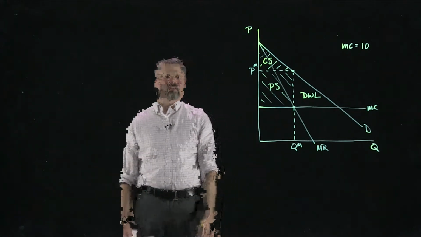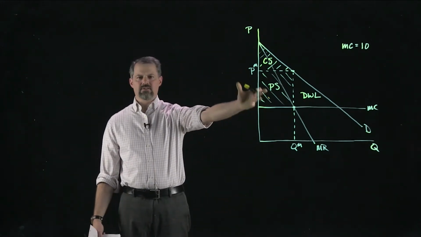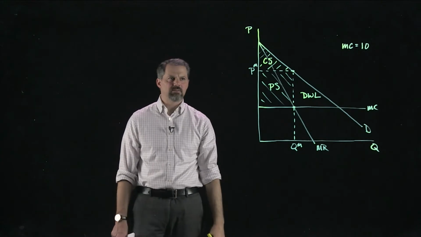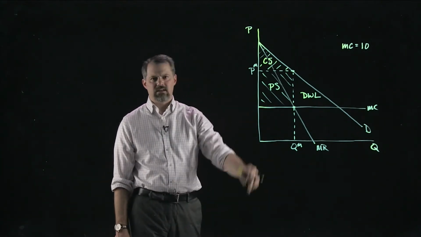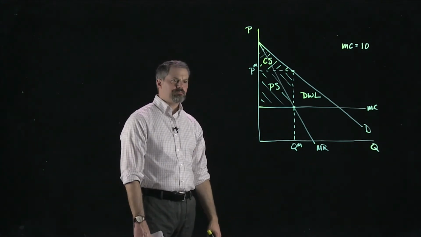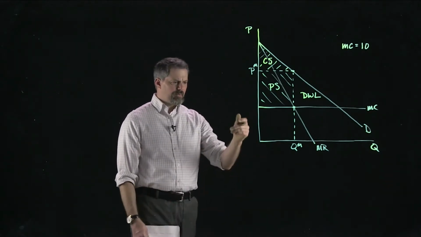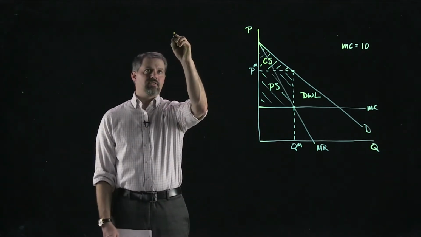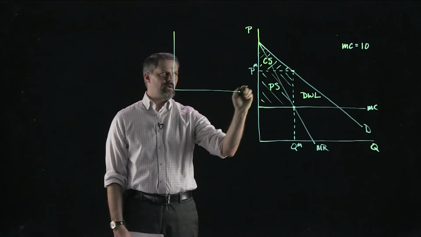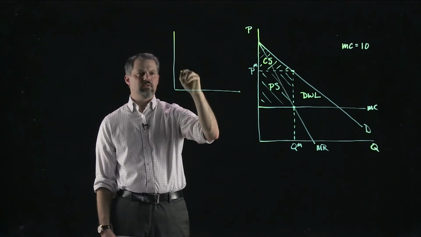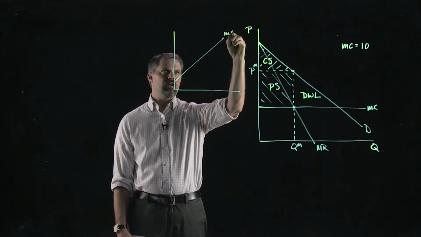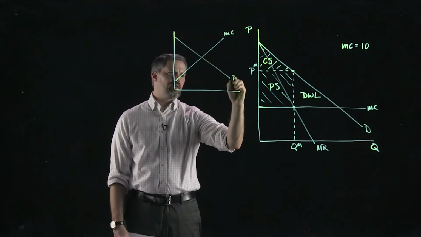So you can see that, especially in that picture, it's still just a matter of calculating some areas of triangles and a rectangle. Let me show you a smaller version of what it would look like with a rising marginal cost. You've seen it before. Here's our marginal cost. Here's the demand curve.